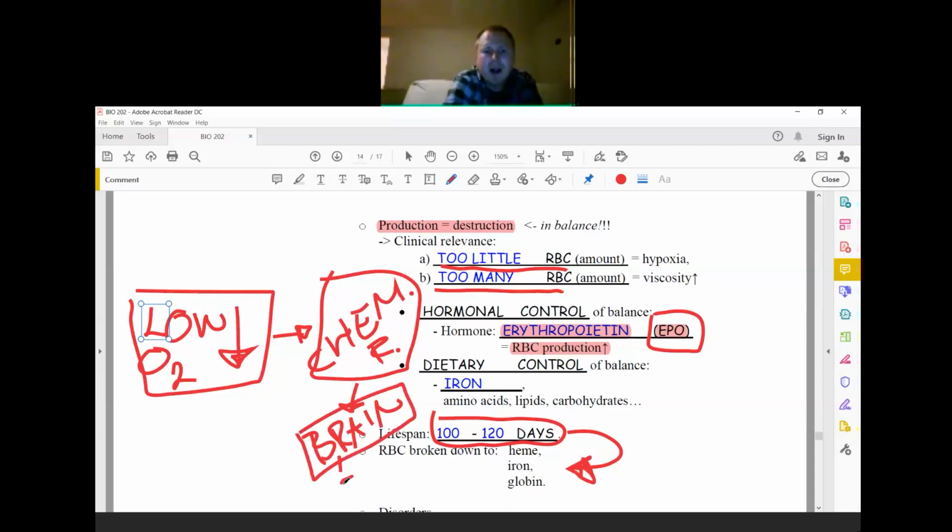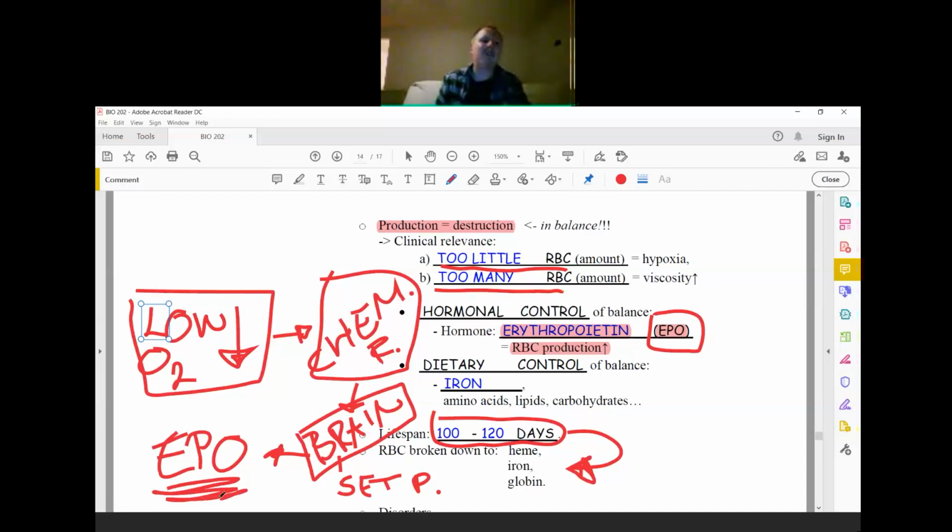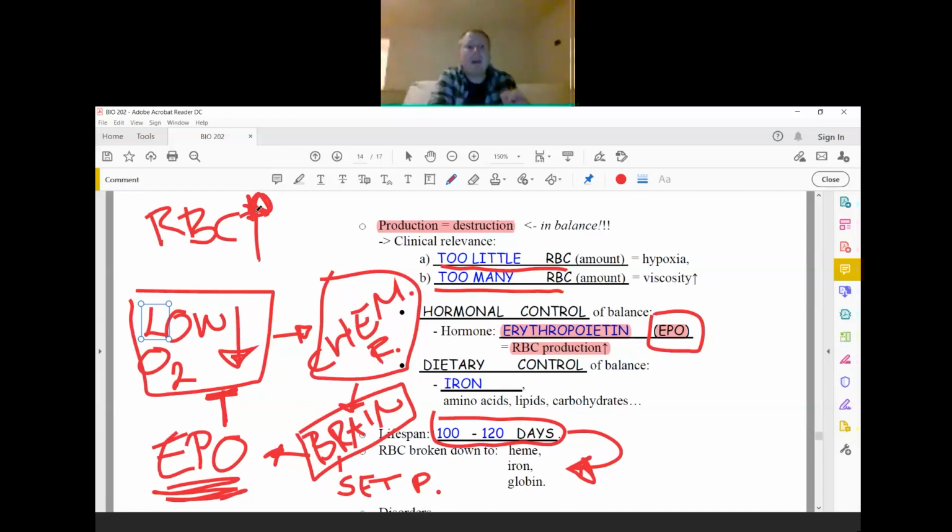We have there our set point. How much oxygen should you typically have in the blood? And if you don't have enough, we now start to produce EPO hormone. And that EPO will stop the oxygen level from going down. It will produce more red blood cells. So this is how you see this homeostatic loop work through a negative feedback.